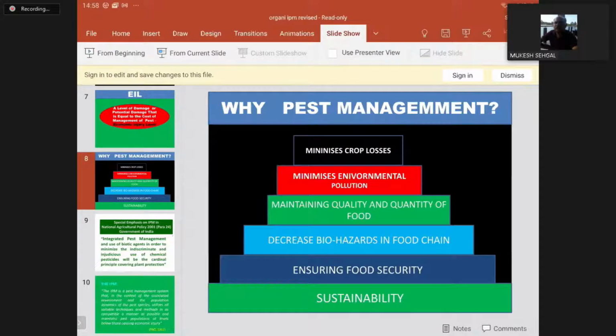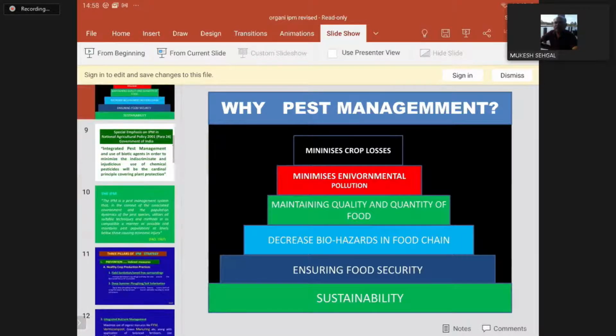In India, Dr. Pradhan started in 1965. He said integrated control. But it was redefined, restructured, remapped, revamped by Dr. S.N. Puri, while he was director of NCIPM. On his recommendation, new things came into the picture.